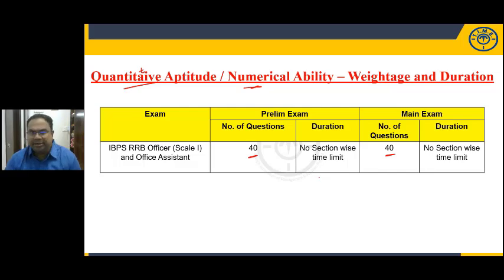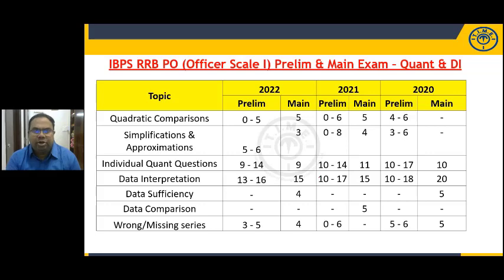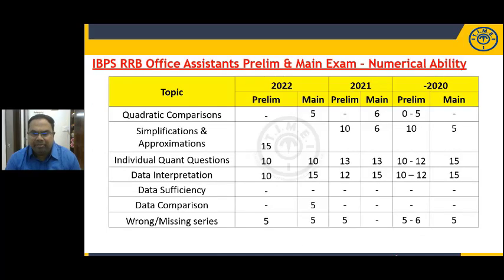So let's start. This is the topic wise breakup of the RRB PO Officer Scale 1 prelim and main exam. I've given the breakup of the last 3 years, 2022, 2021 and 2020. Just go through the breakup. We will discuss.